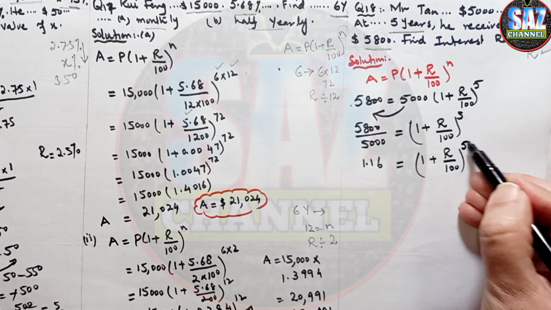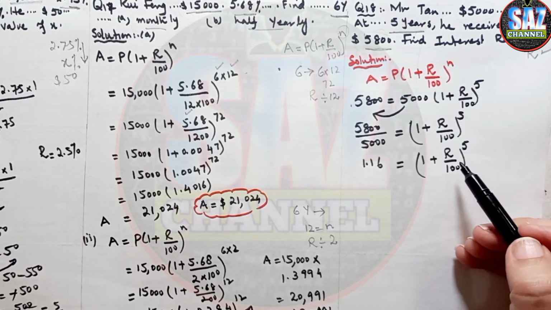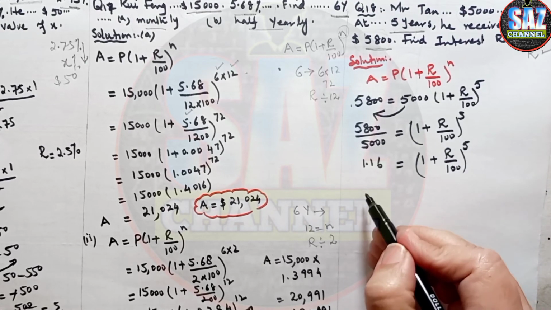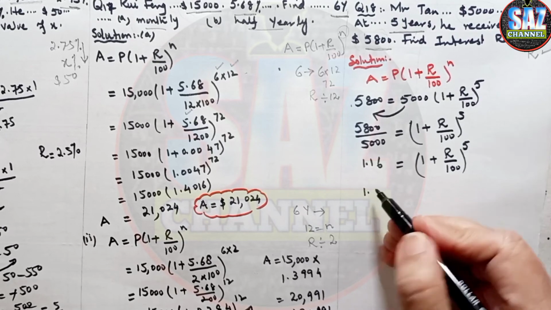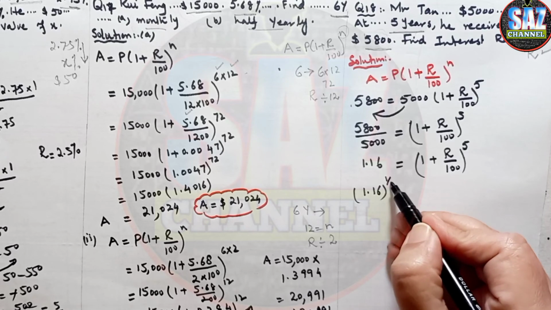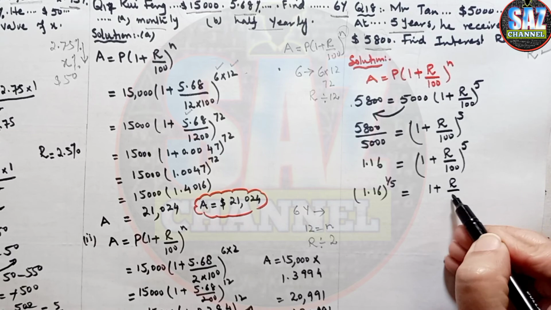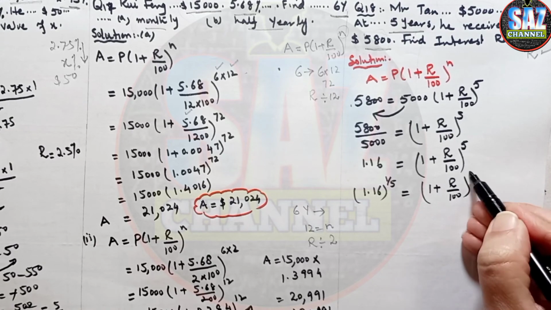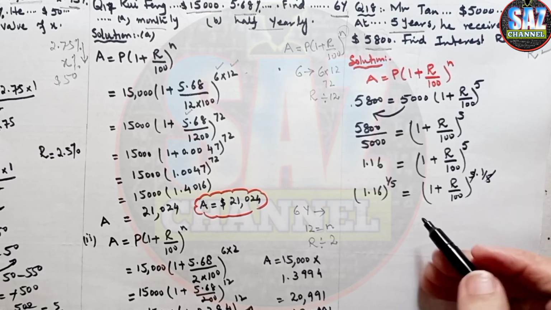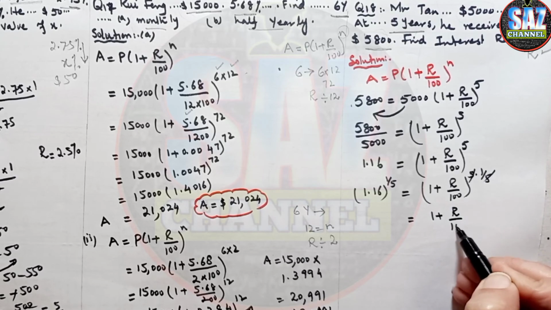Recall the concept of the subject of the formula. The letter that we want to make the subject is inside this power 5. So I have to remove this power 5. I'll be taking the reverse of this power, or the fifth root, on both sides. So this will take the form 1.16 raised to 1 by 5 equals 1 plus r over 100 raised to 5 times 1 by 5. In this way I can get rid of this power 5 and I will be left with 1 plus r over 100.